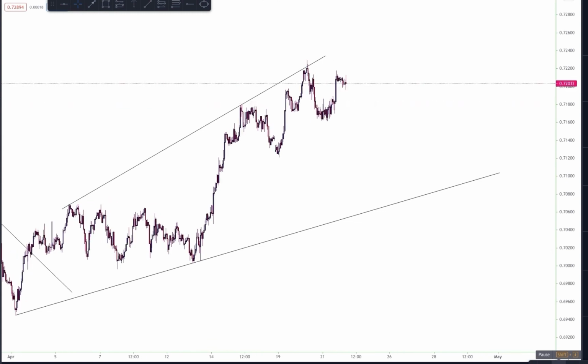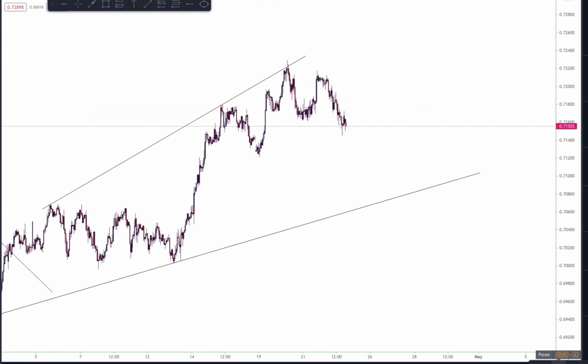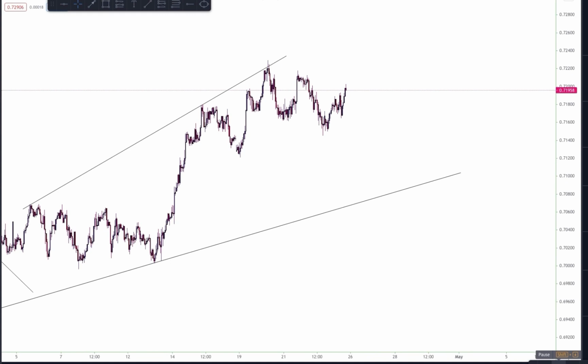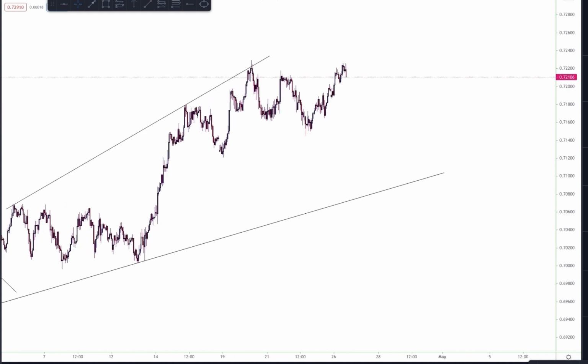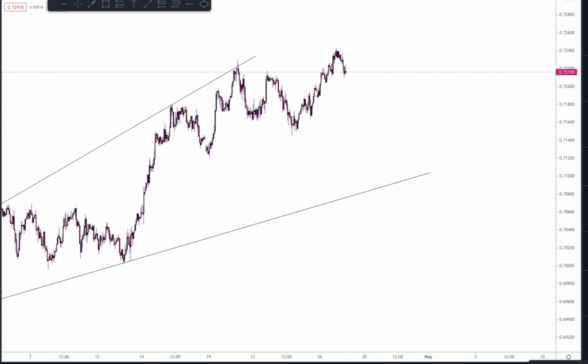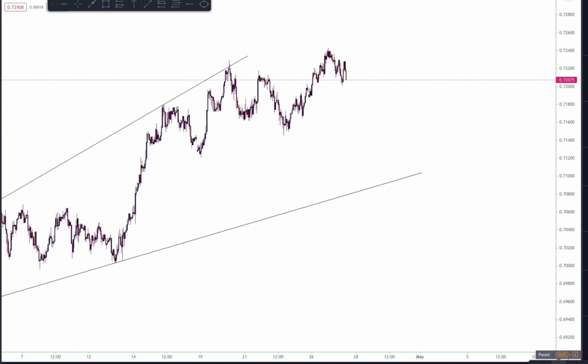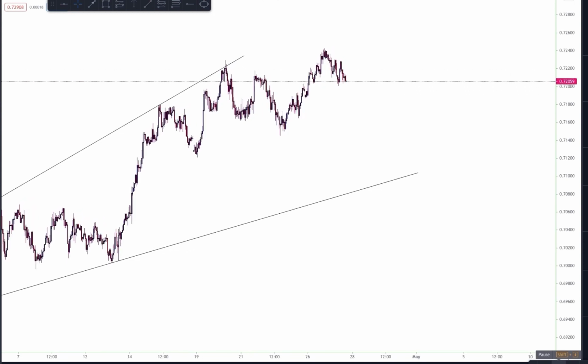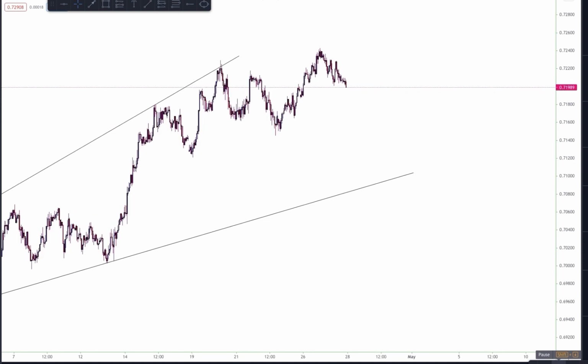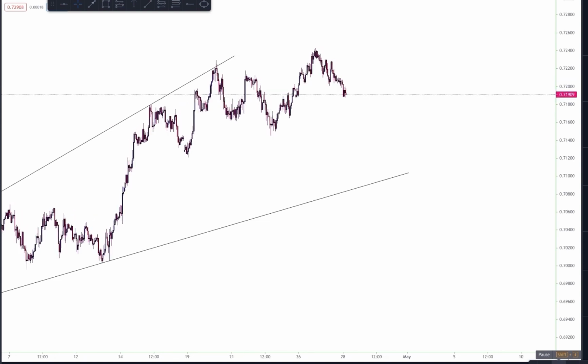So all you need here is patience, because the trend line is your indication. You got to wait. You have to wait until market hits what? The trend line. You don't take any trade.